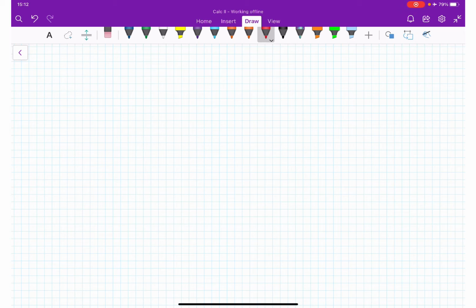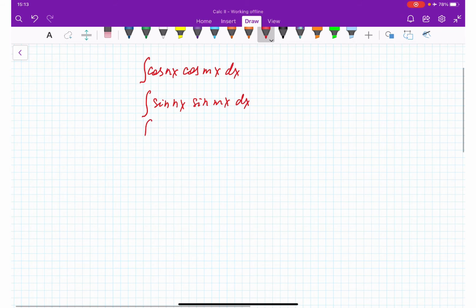So we're going to explore integrals of the type cosine nx cosine mx dx, sine nx sine mx dx, and sine nx cosine mx.